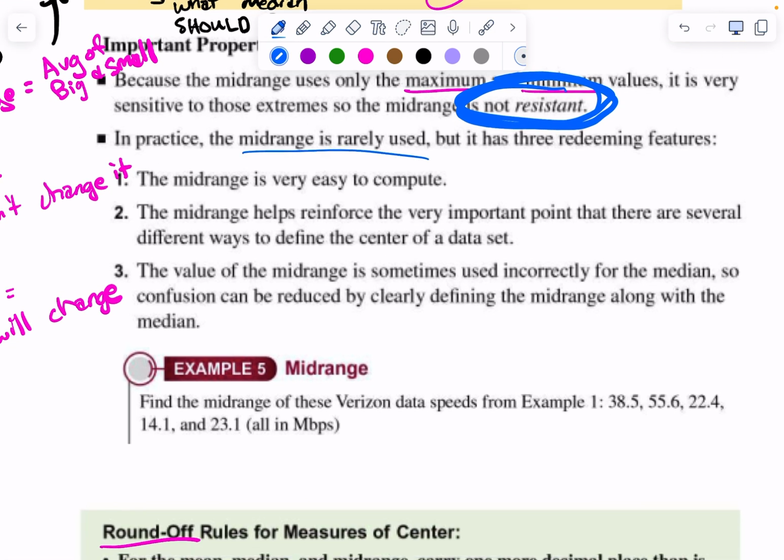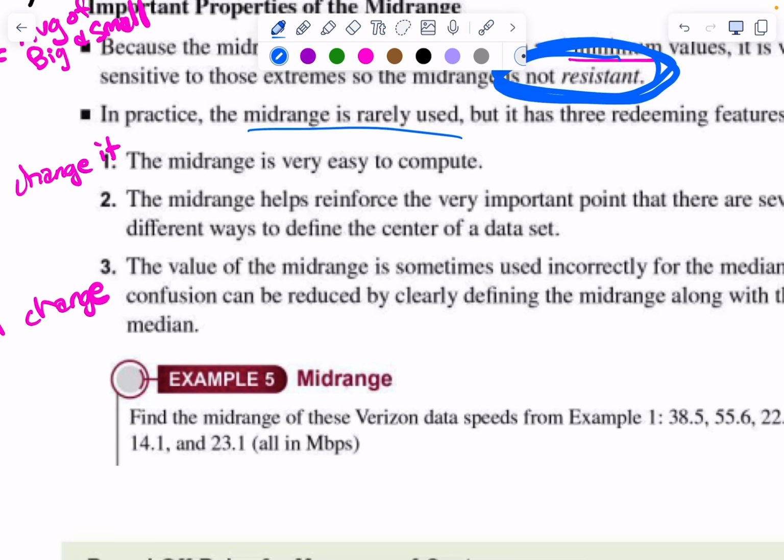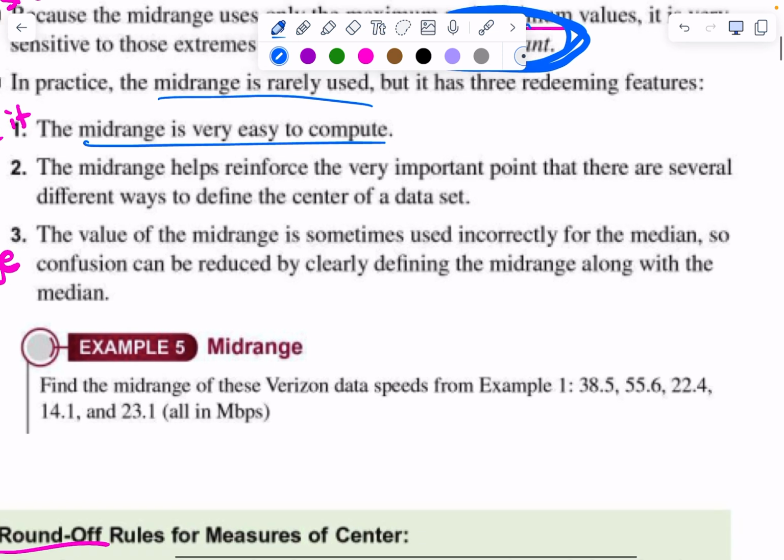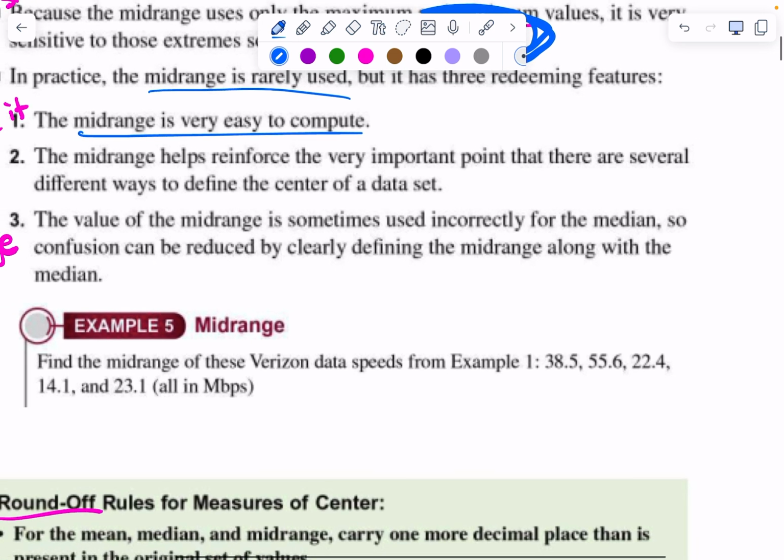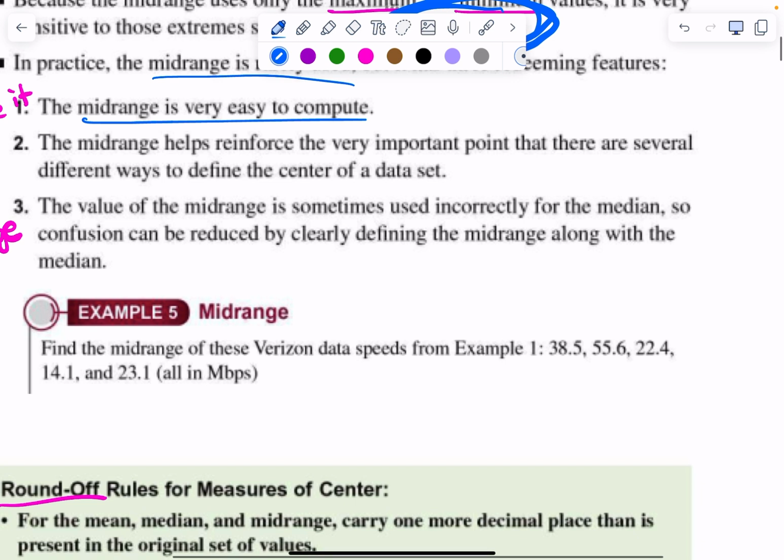In practice, the mid-range is not used very often. That's why you have not heard about mid-range until this class. We didn't really calculate that in 4th grade math. But it has 3 redeeming features. Mid-range is easy to compute. It's easier than finding the average because you're only doing the average of 2 numbers. The mid-range helps reinforce the very important point that there are several different ways to define center of data.